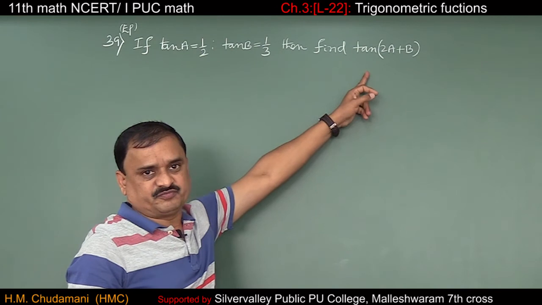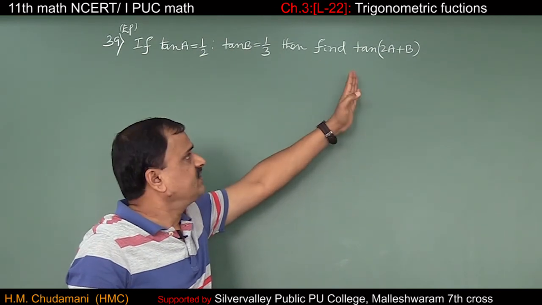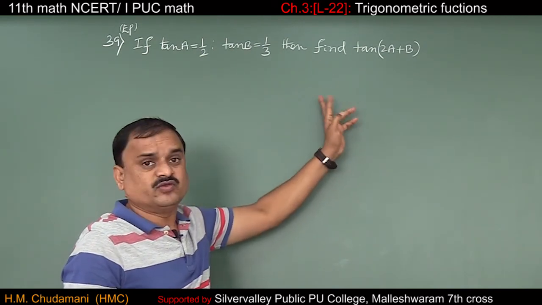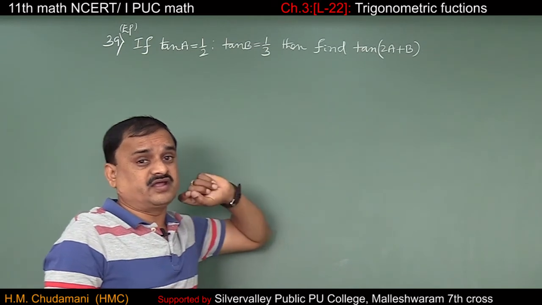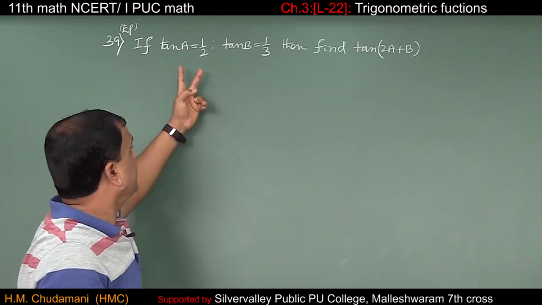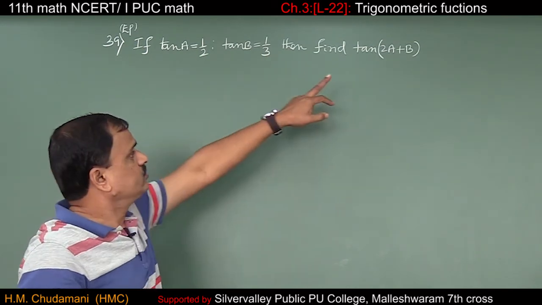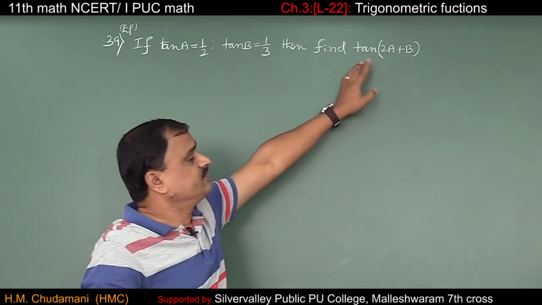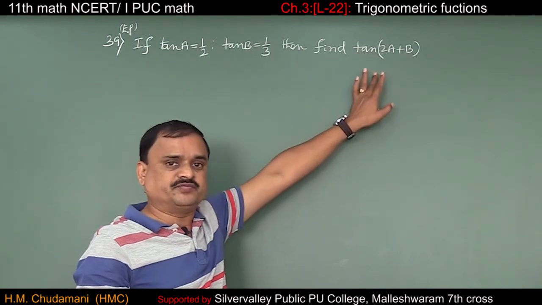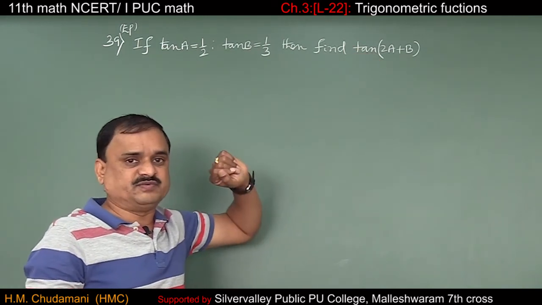Tan of A plus B formula is tan 2A plus tan B divided by 1 minus tan 2A into tan B. But we don't know tan 2A. Tan A we have, right? So let us find out tan 2A first, then apply tan of A plus B formula.